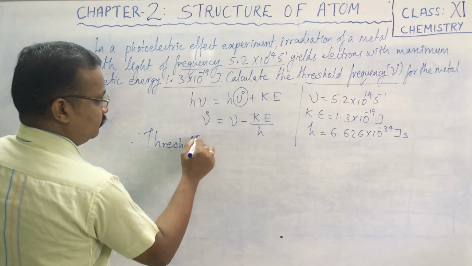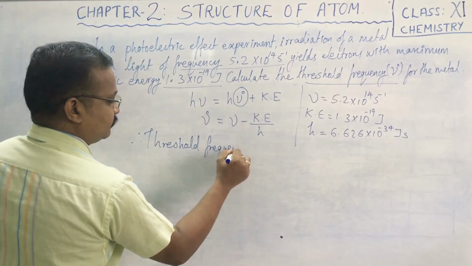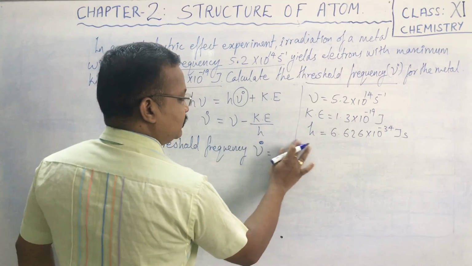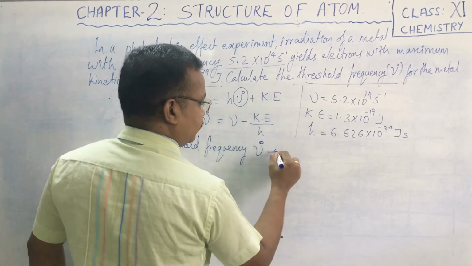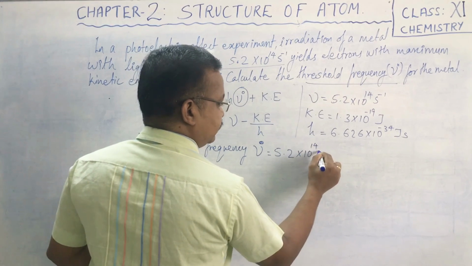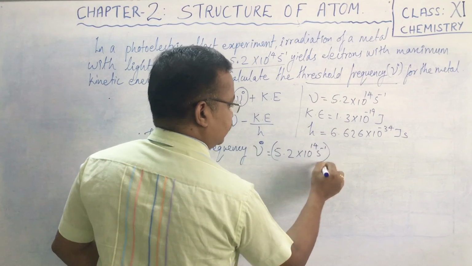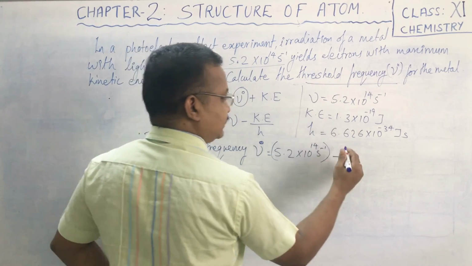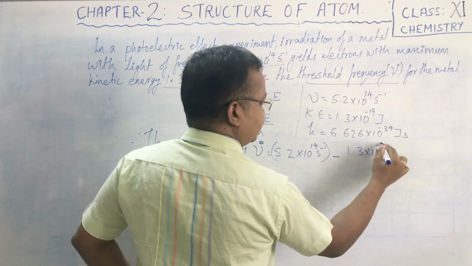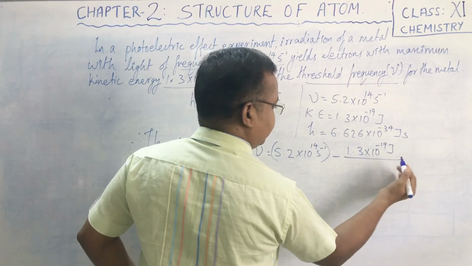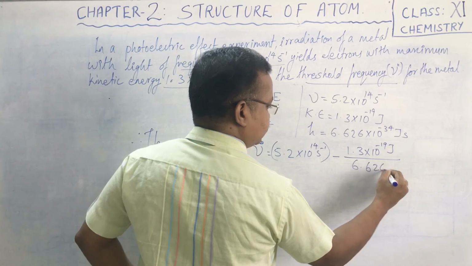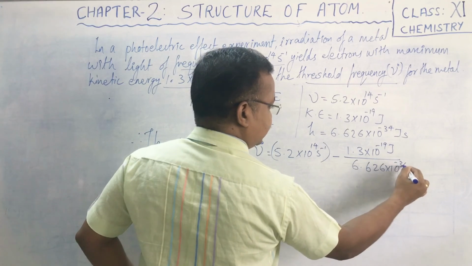So children, therefore threshold frequency nu zero is equal to nu, which is given as 5.2 into 10 raised to 14 second inverse, then minus KE, which is 1.3 into 10 raised to minus 19 joules, divided by h, whose value is 6.626 into 10 raised to minus 34.